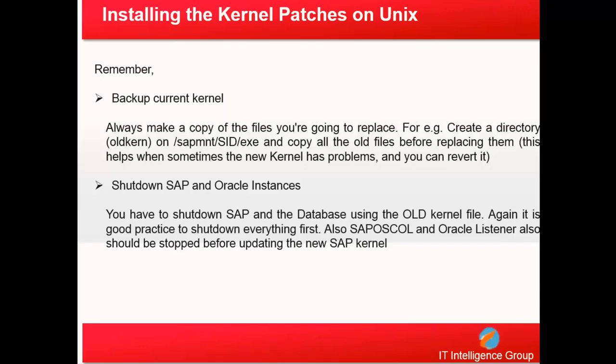Once the backup is done, we need to shut down SAP and shut down the Oracle instance. We also need to make sure that the SAP OS collector, that is saposcol, and the Oracle listener are down during the upgrade of the SAP kernel. These are the things to note, which is very important.